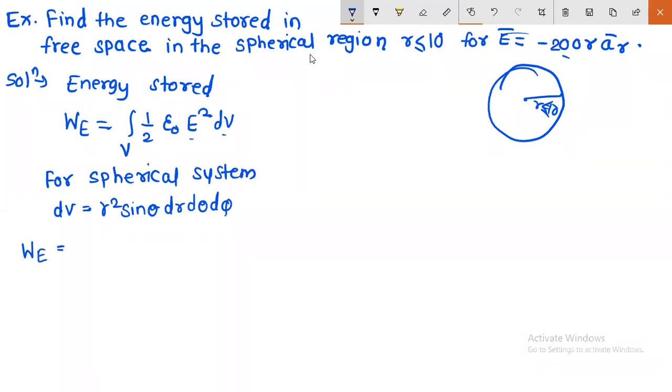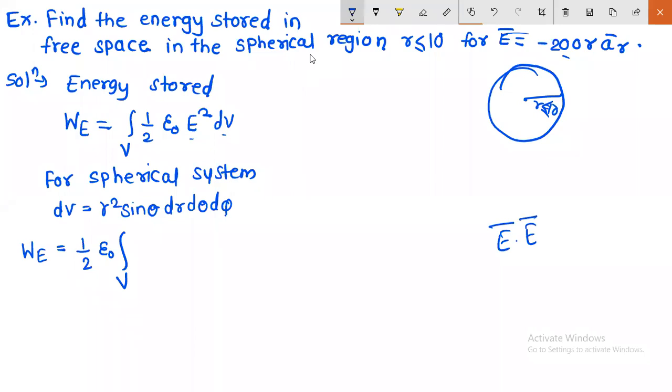So this W_E is equal to 1 upon 2, and this epsilon 0 also I'll take because it is a constant. Volume integral of this E square. Now E bar is given, right? So when we are taking this E square, this is E bar dot E bar.